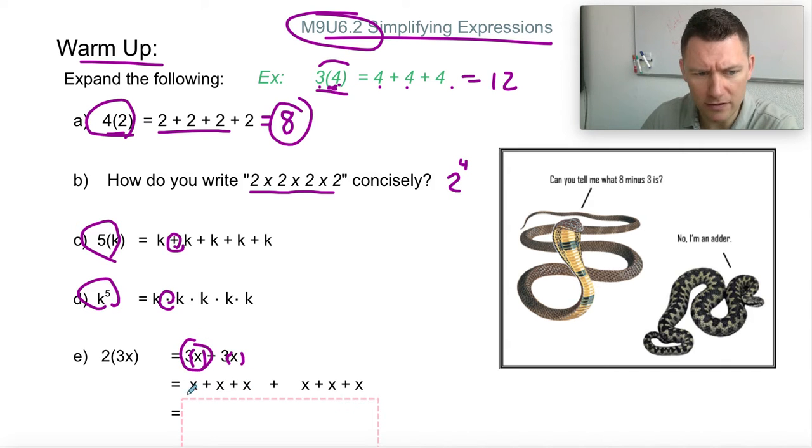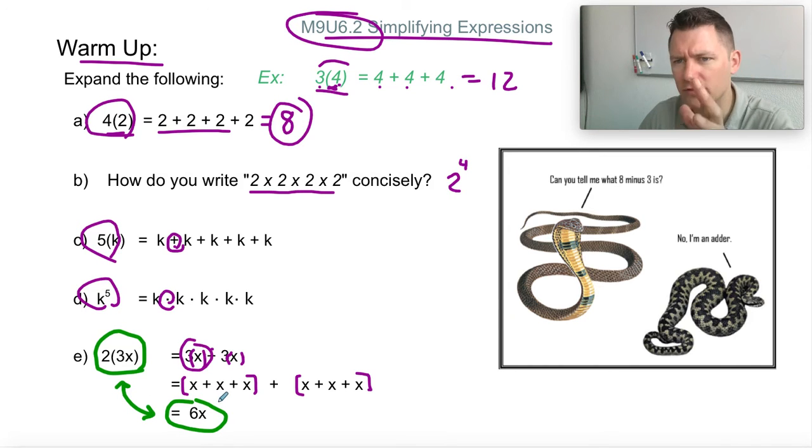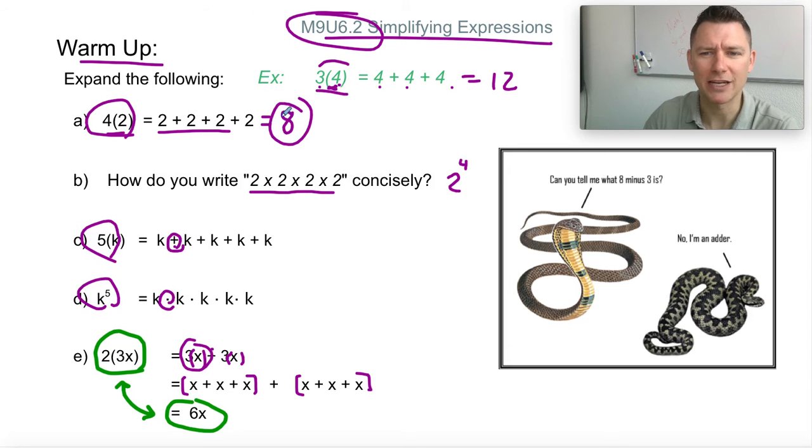So this is this chunk, plus 3 more x plus x plus x put together, and if you add all those up, you get 6 of them. So really, what we're going to be doing today is figuring out how to go from here to here efficiently, which you probably know or have some experience with, just adding and subtracting.